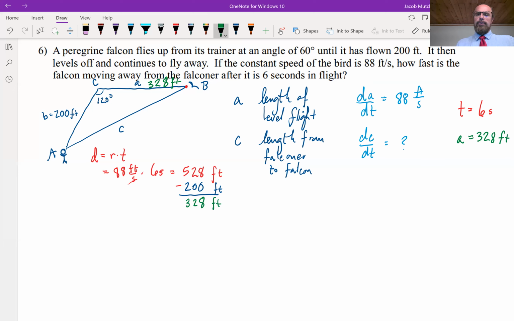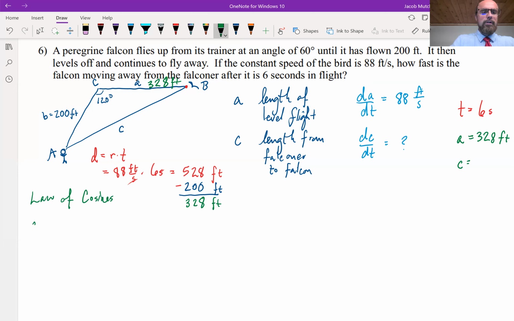Now, I should also come up with a value for C. So if this were a right triangle, we could use Pythagorean theorem. It's not a right triangle, it's an obtuse triangle. That angle's 120 degrees. So I can't use the Pythagorean theorem, but I can use the law of cosines, which is really a version of the Pythagorean theorem.